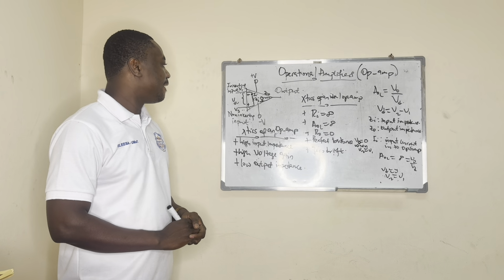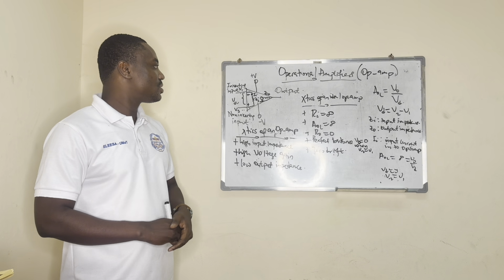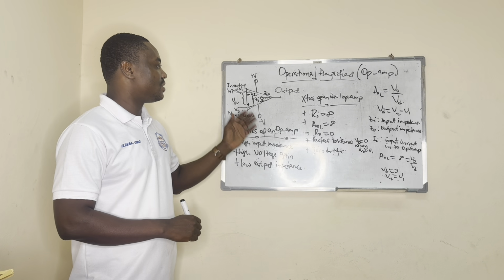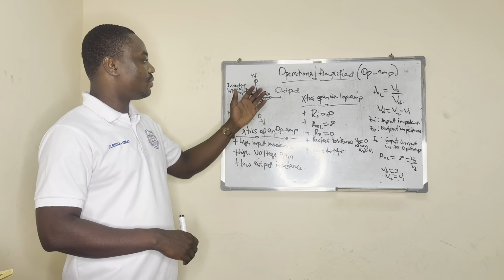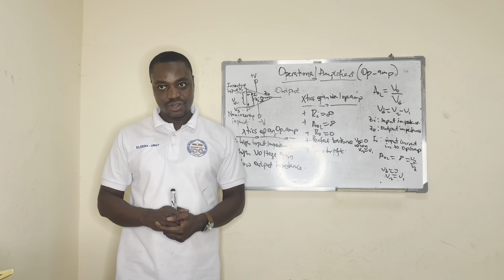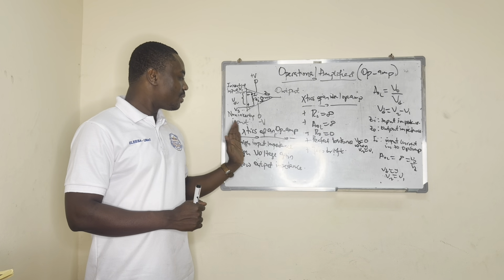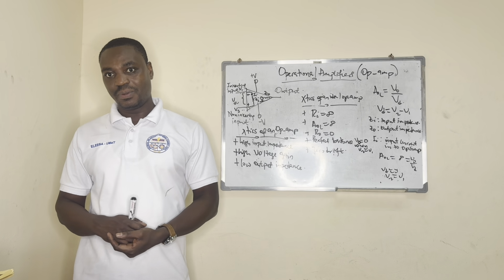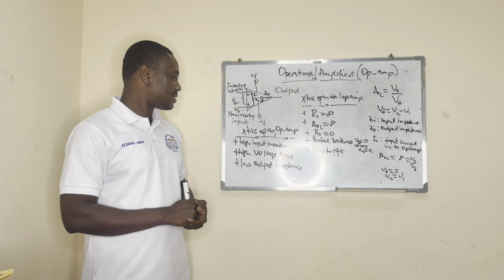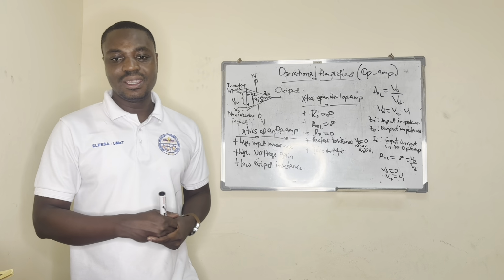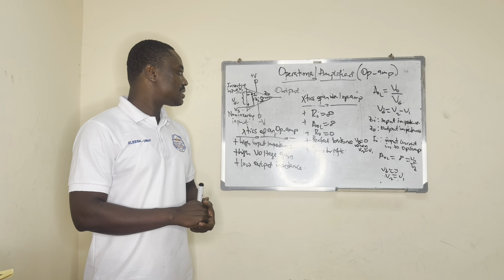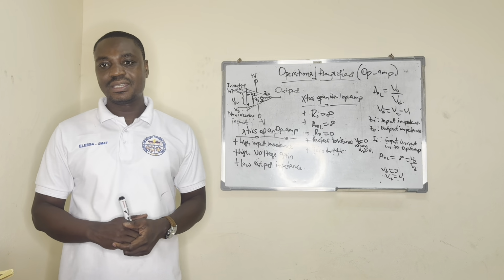So we have the differential input voltage, and then we have the output voltage as well. Then we can talk about some of the characteristics of an operational amplifier. They tend to have high input impedance. This is to ensure that there's not that much current entering the operational amplifier.